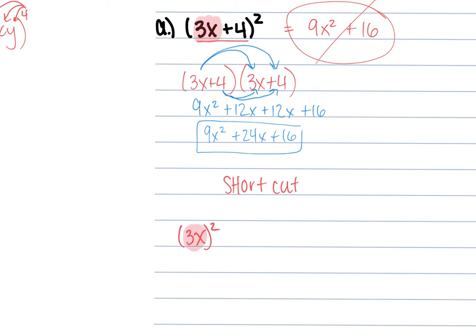Then you're going to take the second term, which is plus 4, and you're also going to square it. So you're going to write over here on the end, 4 squared. And then your middle term is going to be plus 2 times the first term, which was 3x, times the second term, which was 4.